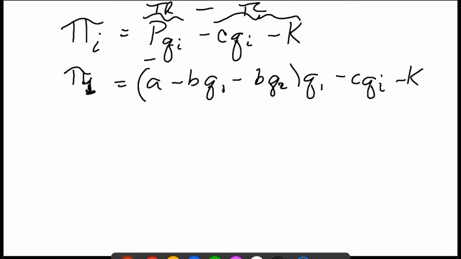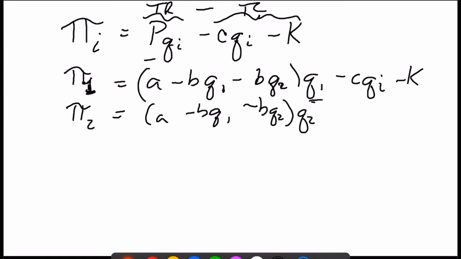And the profit for firm 2 is this same equation, except that's a Q2, not a Q1, right? So the profit of firm 2 is (A minus BQ1 minus BQ2) times Q2 minus CQ2 minus K. But those things are the same, right? We're assuming those things are the same.